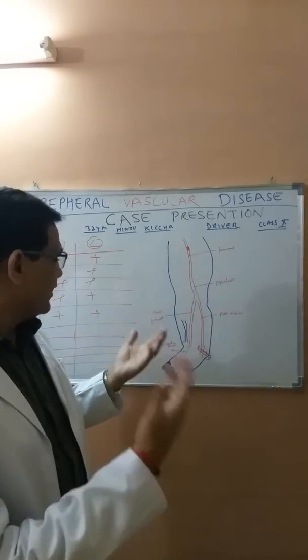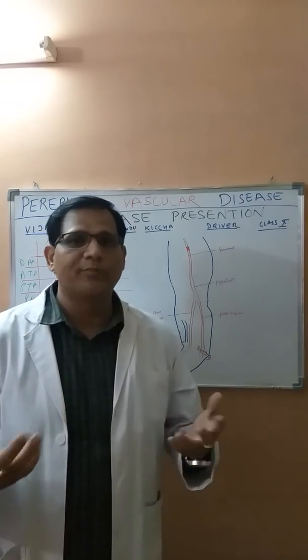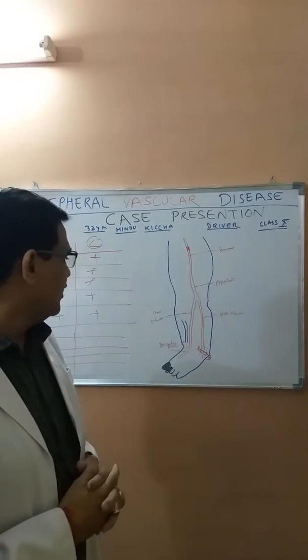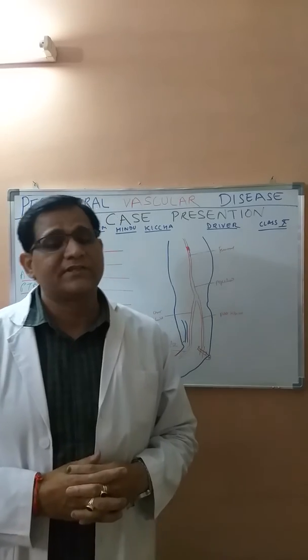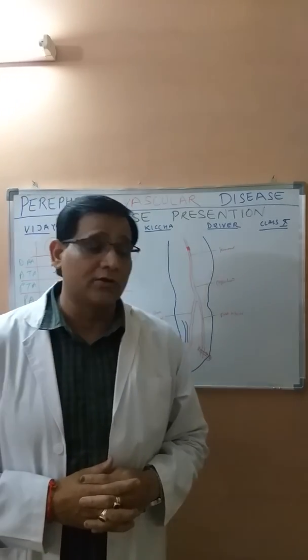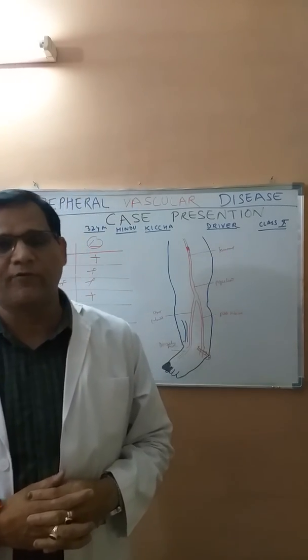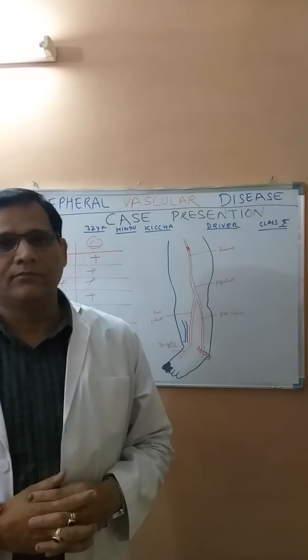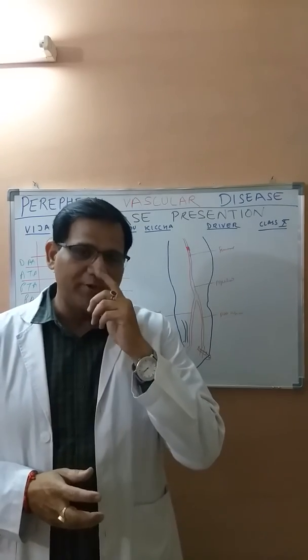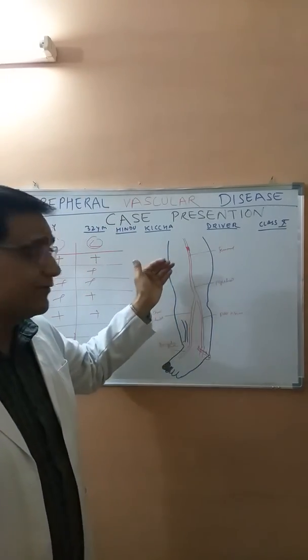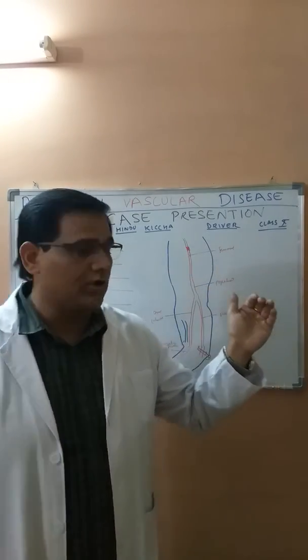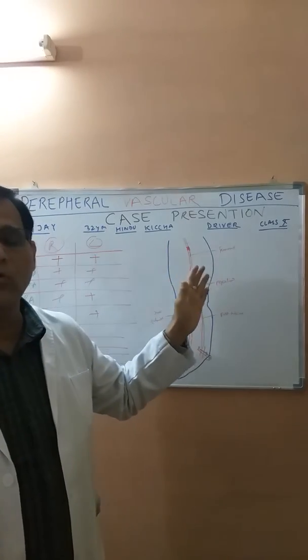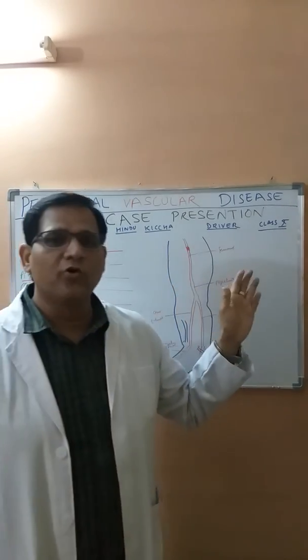Now a few important things you will be asked: how will you proceed for this patient? The first thing, besides routine blood investigations, which include sugar and lipid profile, I will subject my patient to a color Doppler study or duplex study, which is now available in almost all centers, and which will tell you about the condition of the artery and what the flow is in the artery.